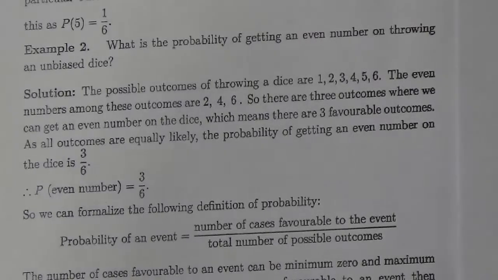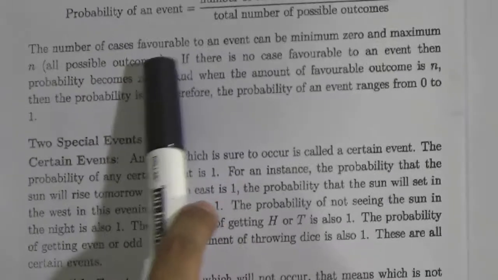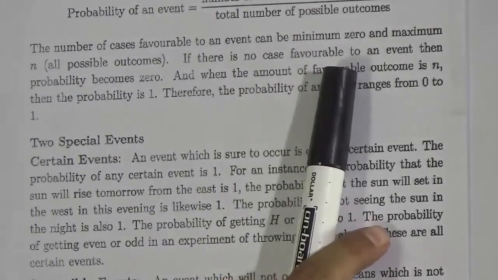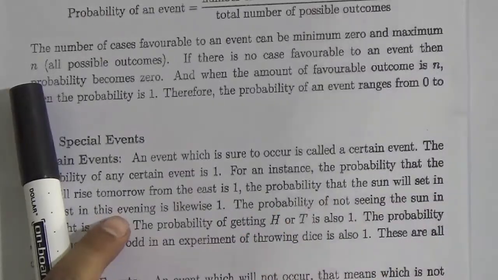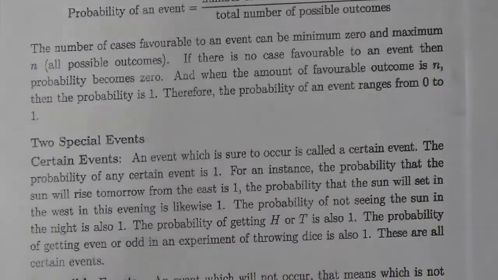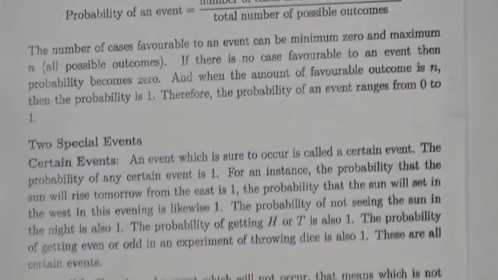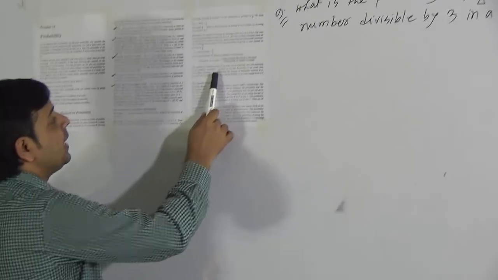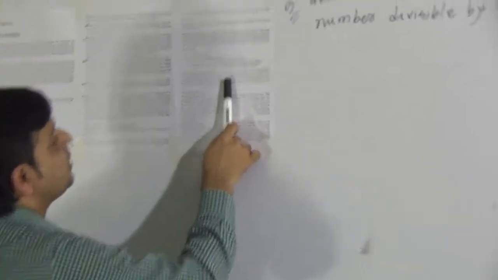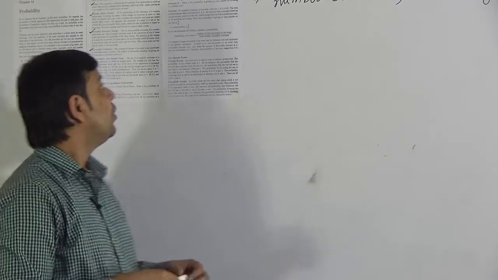Here, if you notice, the number of cases favorable to an event can be minimum 0 and maximum n. N means all possible outcomes. If there is no case favorable to an event, then the probability becomes 0.